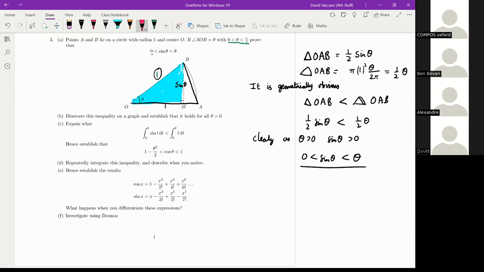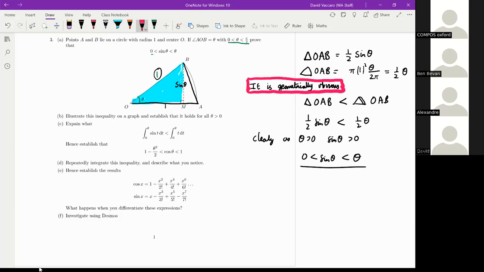If you're a mathematician, you might be a little bit less than satisfied by this claim that it is geometrically obvious that the area of the triangle is less than the area of the sector OAB.